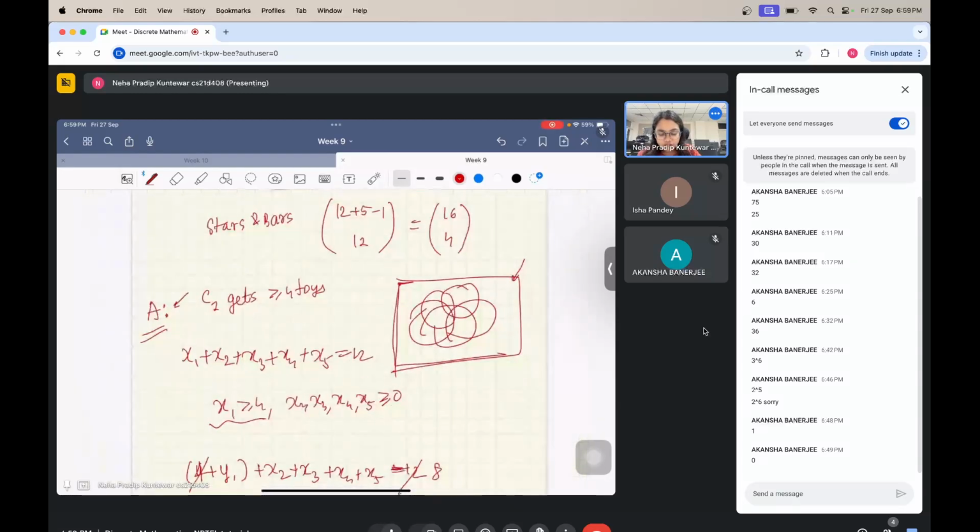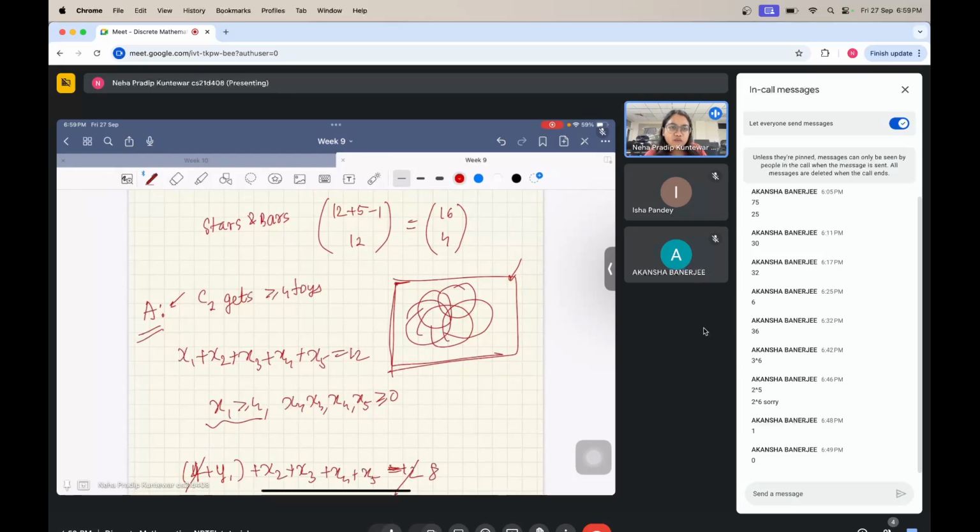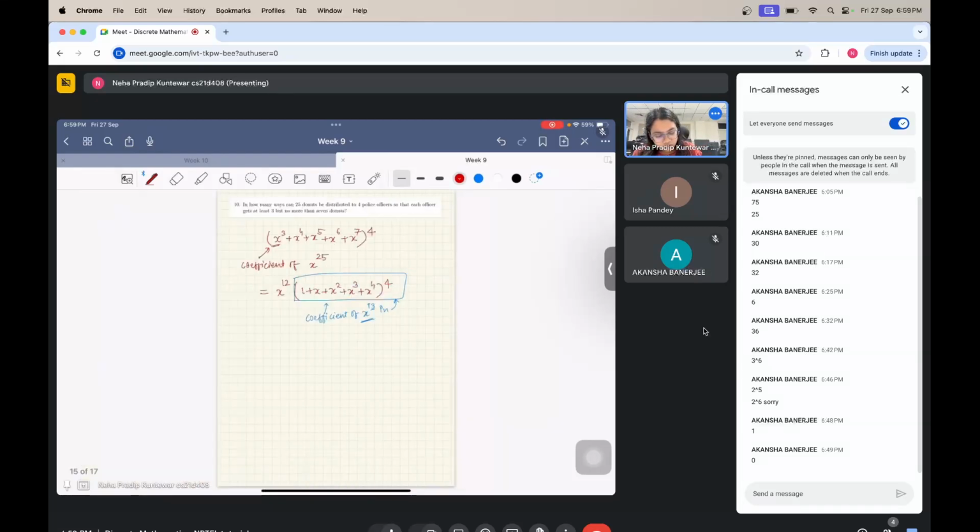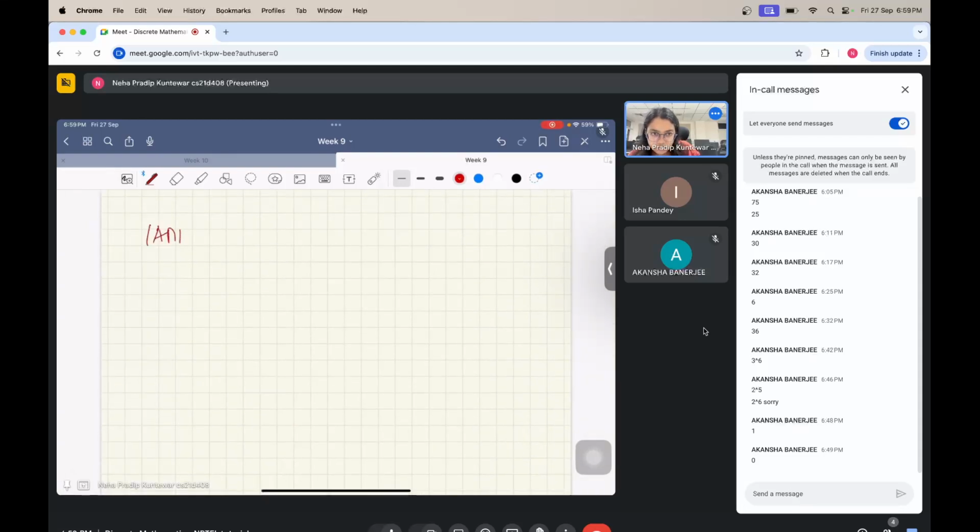Then you want to find A intersection B, for example. How would you modify this equation? What are the constraints here for A intersection B? x1 and x2 will be greater than or equal to 4 and the remaining greater than or equal to 0.